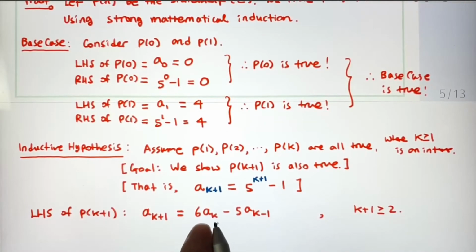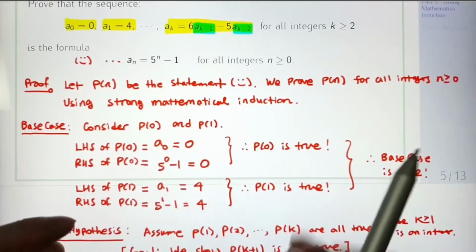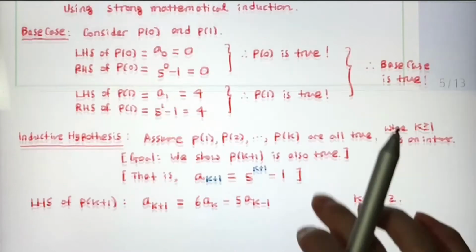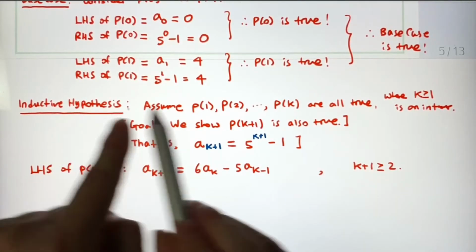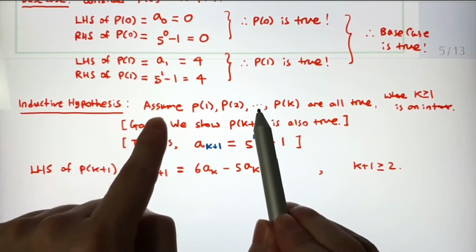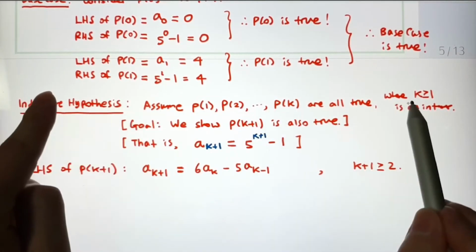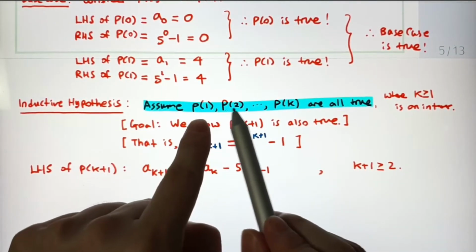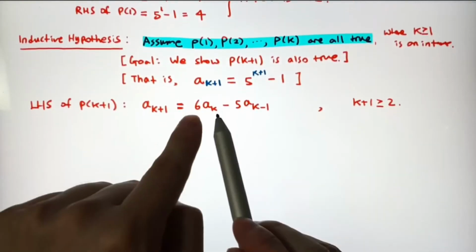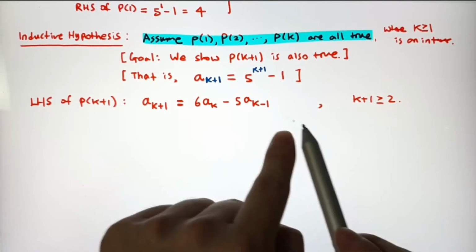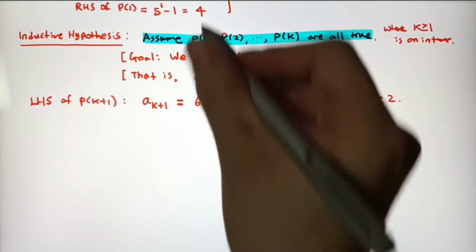And indeed, we can change a_k and a_{k-1} in terms of 5 to the power of k and 5 to the power of k minus 1, because our inductive hypothesis says assume P of k and all the preceding P of k minus 1 are true. It's very important. Because we're assuming all the statements are true, we can now switch a_k and a_{k-1} to the formula on the right-hand side.